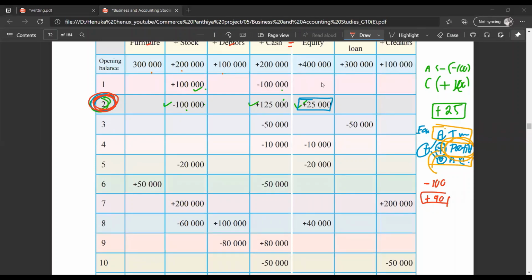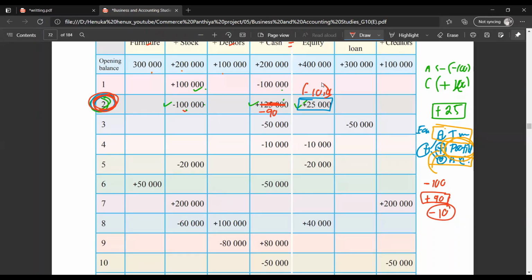Right? So guys, here a loss occurs. They have a loss of 10,000. So stock will decrease by 100,000 but cash will increase by only 90,000 according to my example. So because of this a 10,000 loss is created.